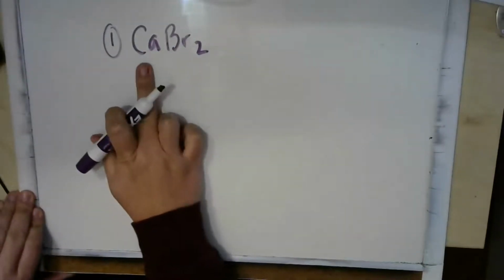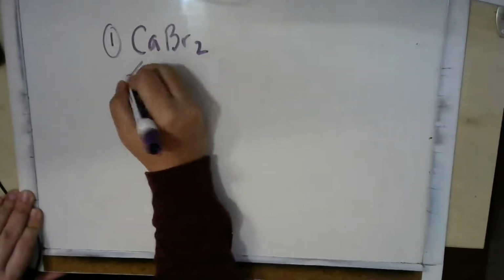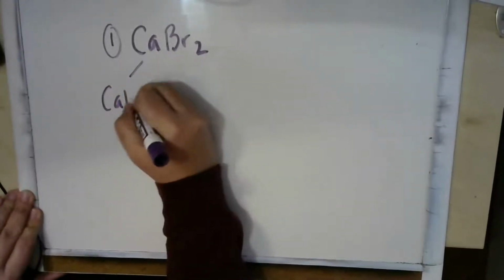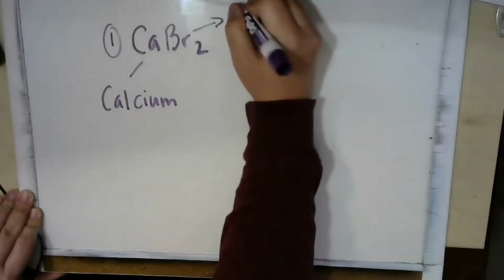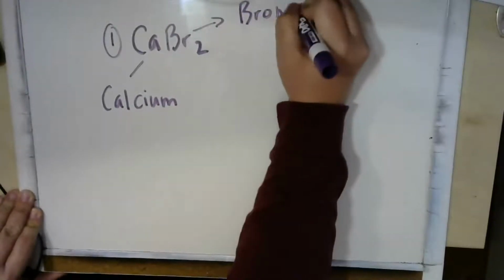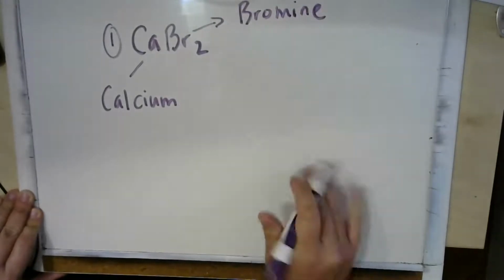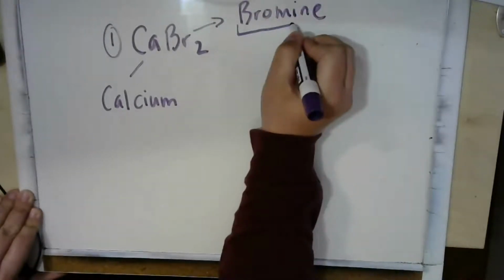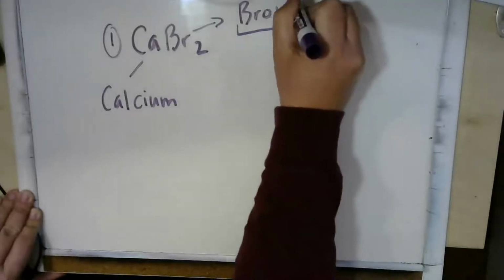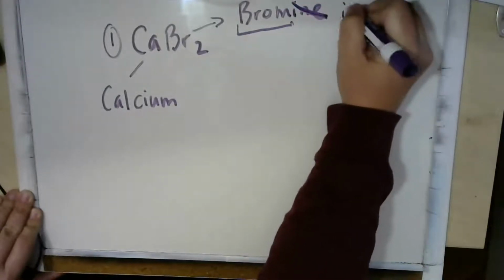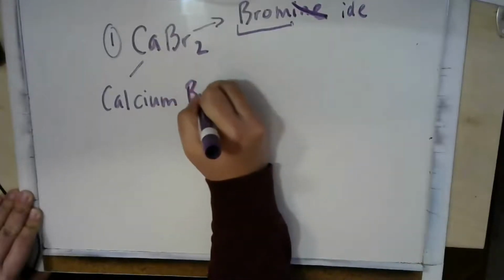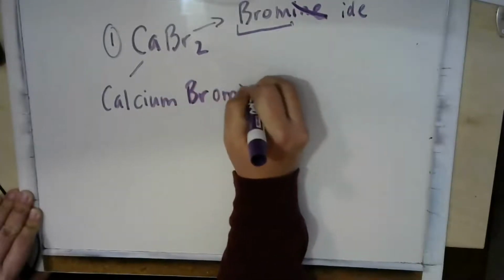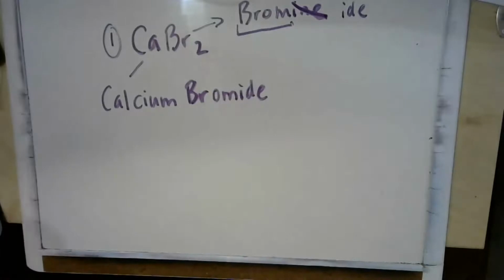We're going to recognize that Ca is calcium, and that Br is bromine. We're going to keep the base name and replace the ending with IDE. So this is going to be calcium bromide.